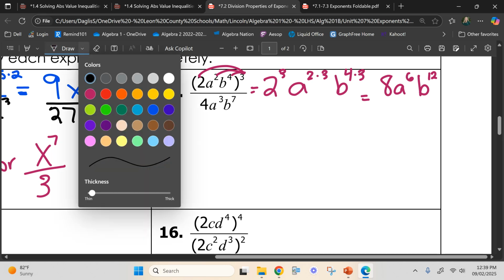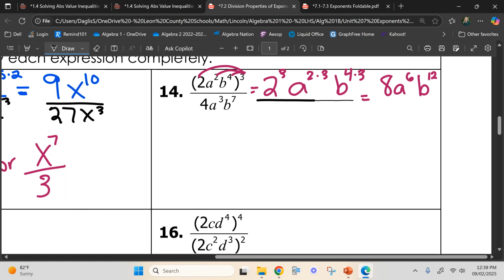Did my denominator have parentheses? No. So are we going to change it at all? No. Isn't 8 over 4 equal 2?